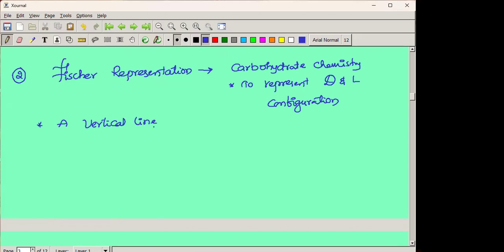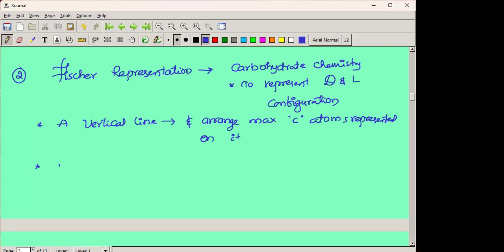First, we draw a vertical line and arrange the carbon atoms on it. On the vertical line, we can represent the maximum number of carbon atoms.